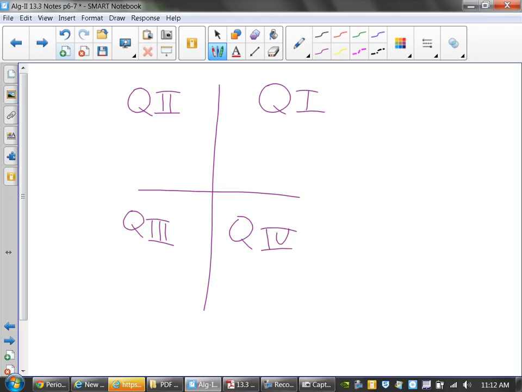When you're in the first quadrant, what are both ordered pairs? Positive. When you're in the second quadrant, what becomes negative? X. In terms of trig, it means it's a negative cosine. Third quadrant, both of them are negative.